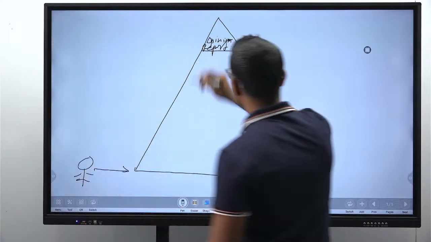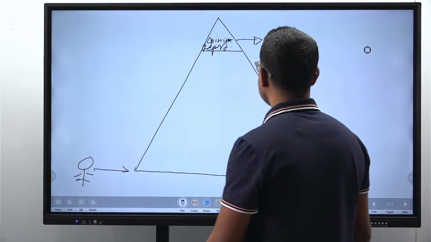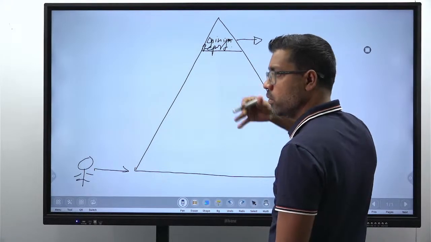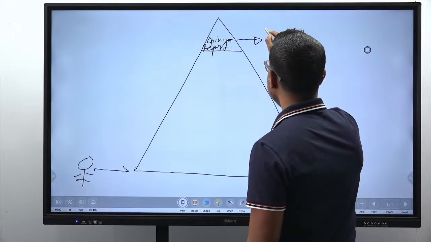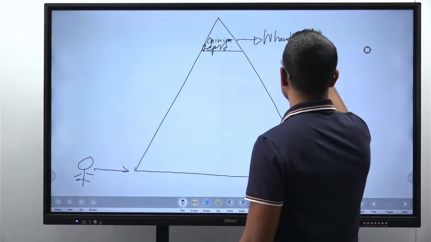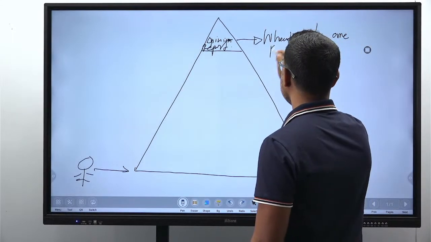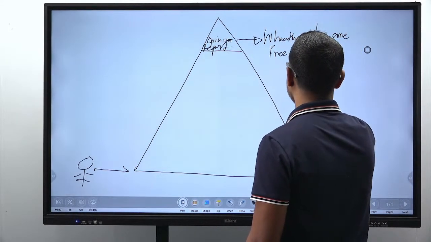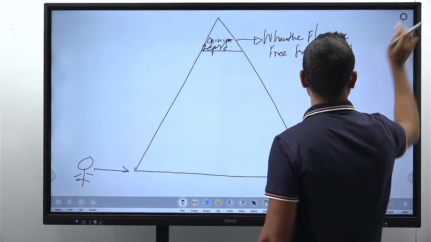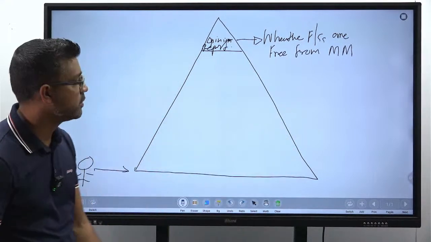In this opinion, you're trying to deliver whether financial statements are free from material misstatements.